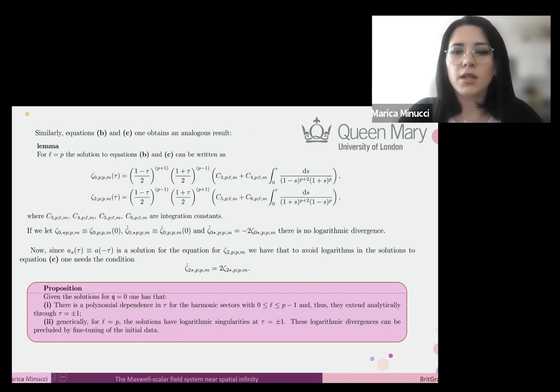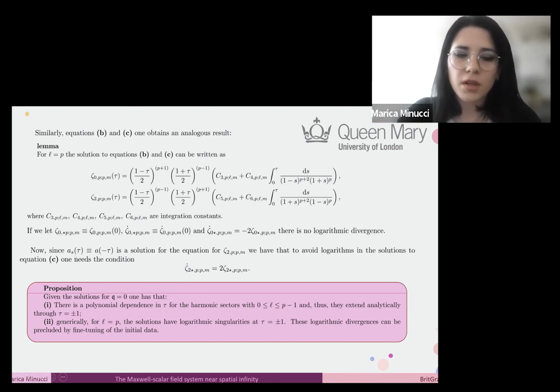In this case, we had to prescribe an extra condition obtained by using the Maxwell constraint equation, and it relates the derivative of the solution and the initial value of the solution together with the initial data for the solution and its derivative.